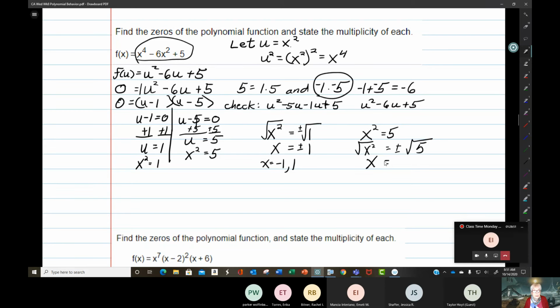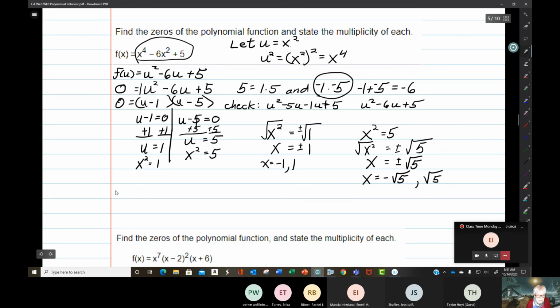It's an irrational number, so you can't put it in your calculator and get anything that would be an exact answer, and we have to answer with an exact answer. So your answer is plus or minus the square root of 5, so that x equals negative the square root of 5, and x equals positive the square root of 5.